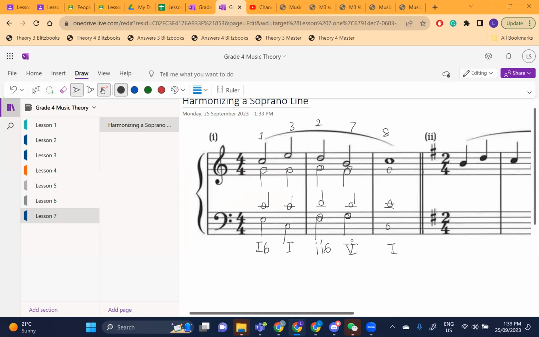So that would sound like this. Notice that our minor chords add a bit of a twist before it gets resolved by a perfect cadence.